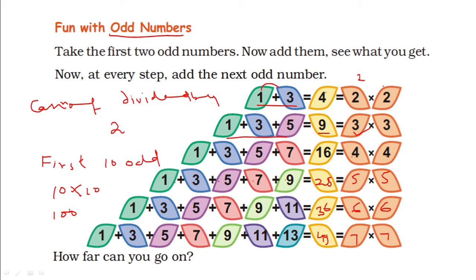If the sum of the first 11 odd numbers, then 11 into 11, that is 121. If the sum of the first 20 odd numbers, we multiply 20 by 20, which is 400. So in this way we can easily find the sum of odd numbers: the number of odd numbers multiplied by the number of odd numbers.